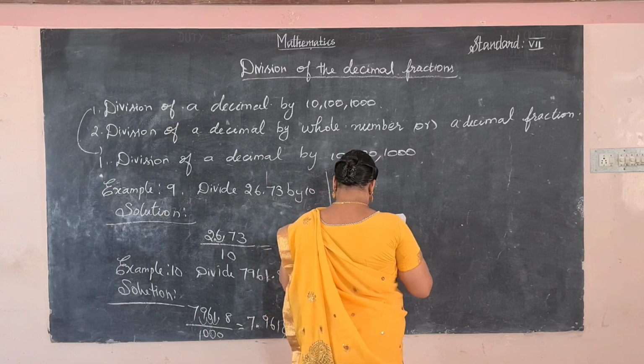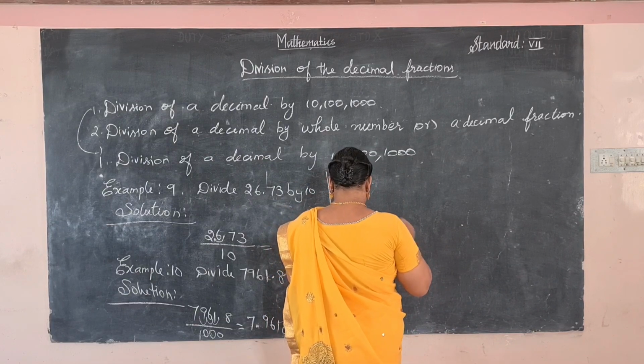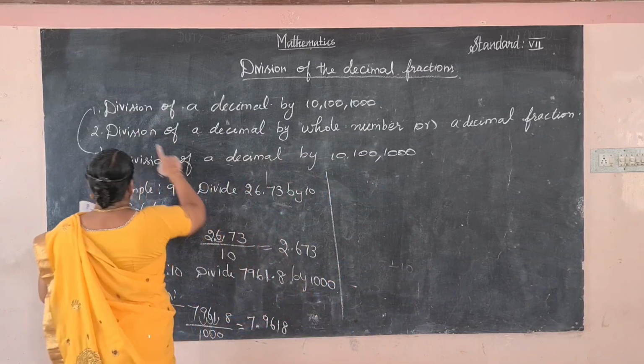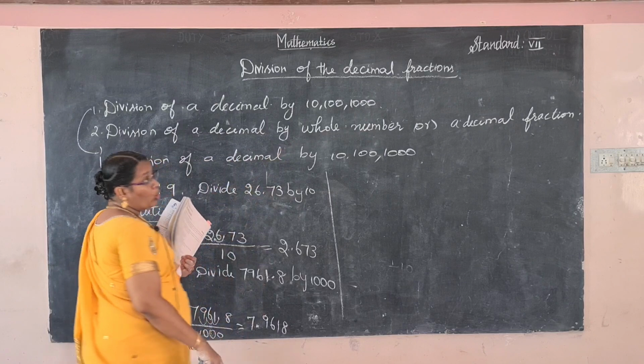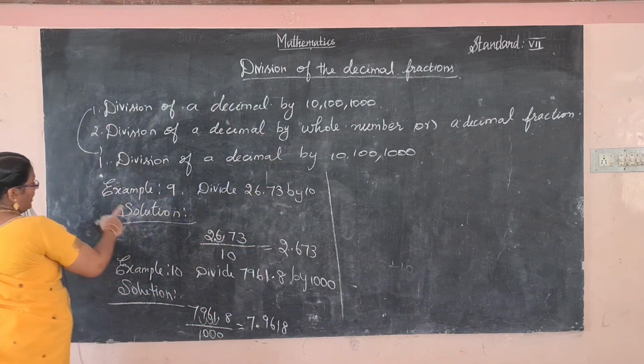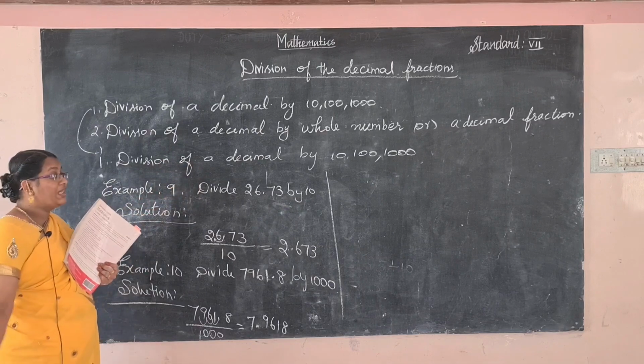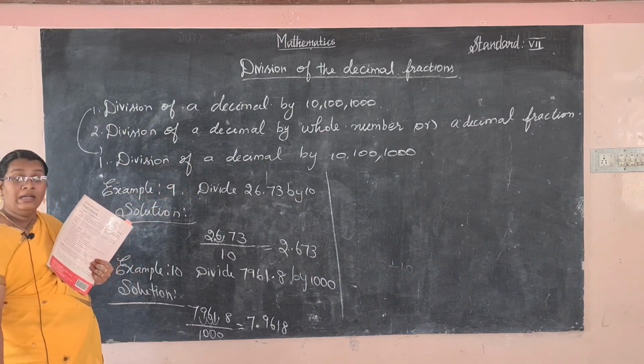Now the 11th one. Next, division of decimal by a whole number. So the 9 and 10 problems are the division of the decimal by 10, 100, 1000.